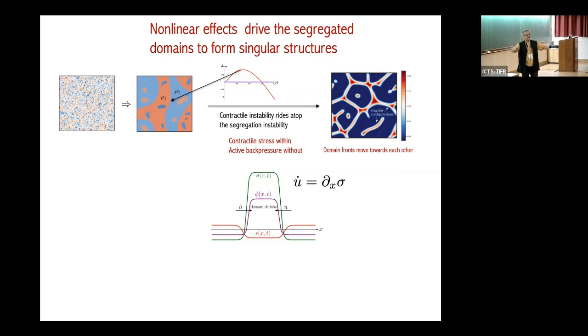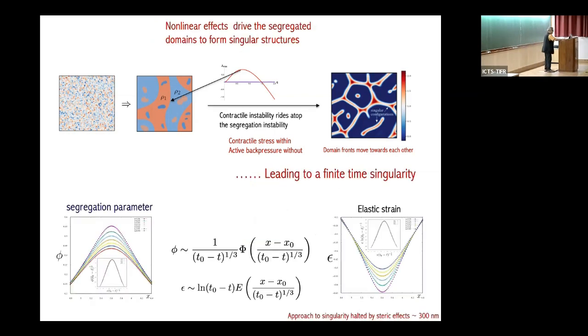So rather than the domain expanding forever, the domain grows for a while and then shrinks, because this is not only segregating but also applying stresses in the medium. Is that clear? Okay. So these domains in fact shrink because of the existence of nonlinearities.